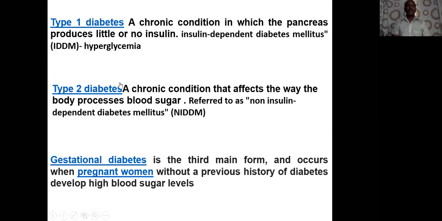The second one is type 2 diabetes, non-insulin dependent diabetes mellitus. Here insulin secretion will be there, but you still have increased glucose levels, because the cells may become resistant to insulin. Another, less commonly observed, is gestational diabetes, which you observe in pregnant women.